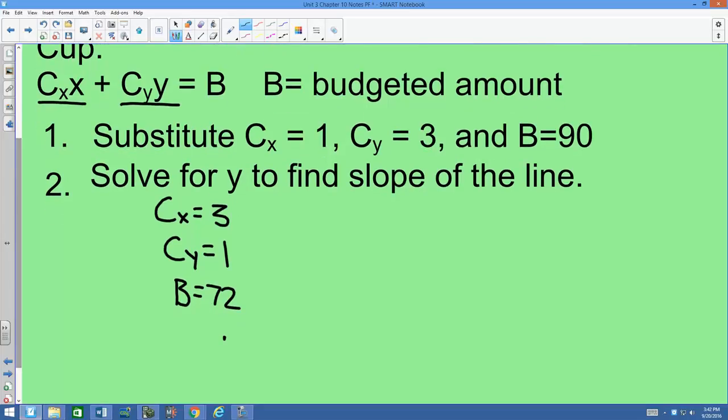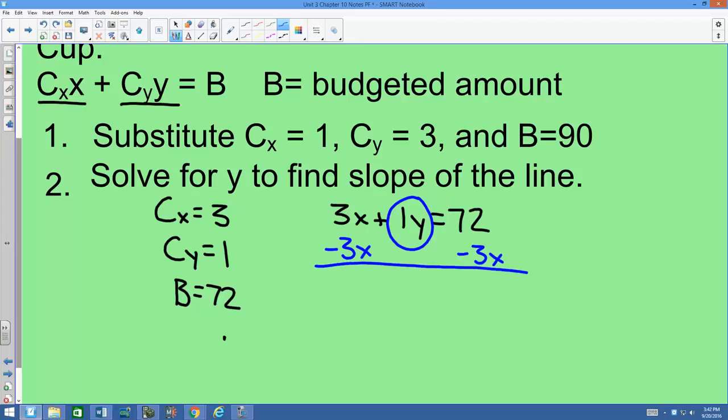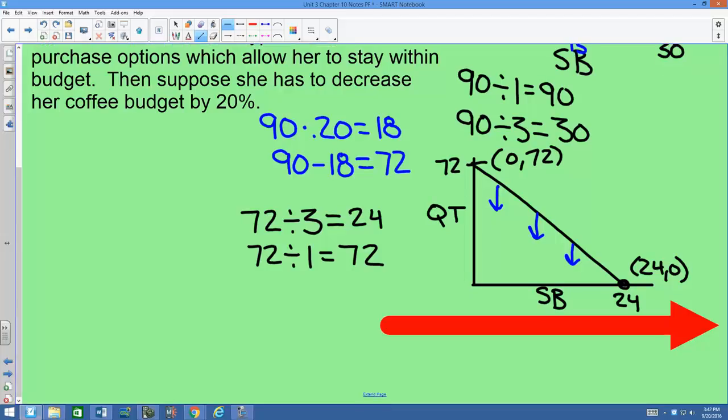So if we just plug in our numbers here, we'd have 3x plus 1y equals 72. And we just have to solve for y. So I would subtract 3x on both sides, which would give me y equals negative 3x plus 72. And that would give you the equation of your line right here.